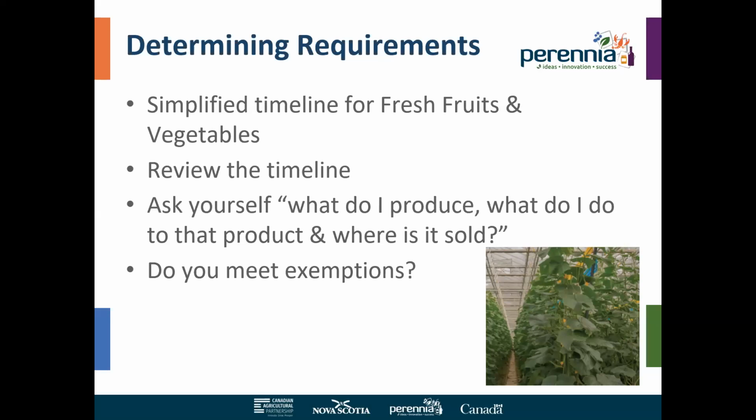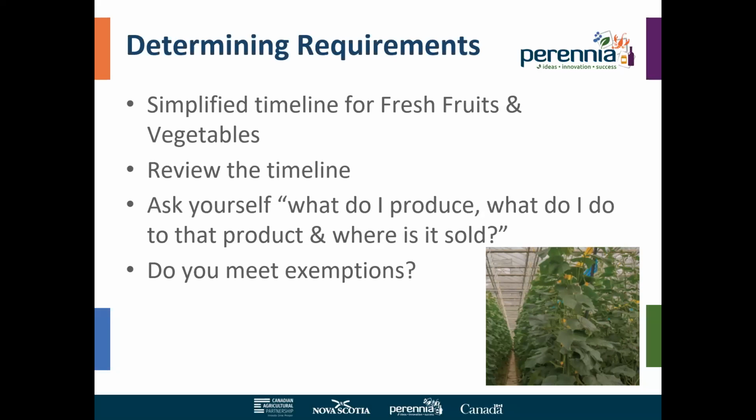So determining the requirements. We also added a simplified timeline for the fresh fruit and vegetables. Now, CFIA also offers this timeline when you go to their website, but we've simplified this a little bit for you folks so that it's easier to understand. Now, it's your responsibility to review this timeline and ensure that you are meeting the requirements.